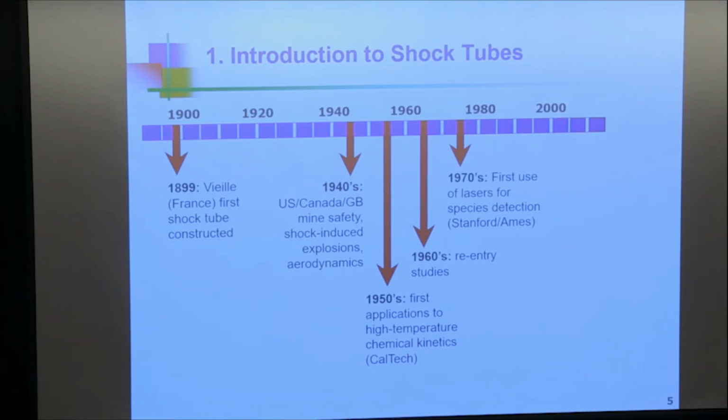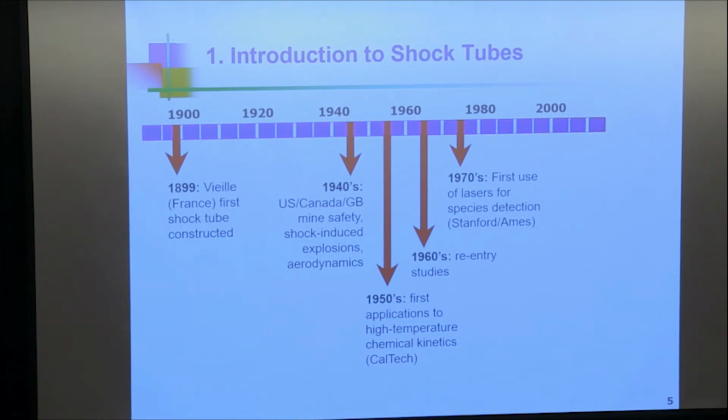But it was around 1950 that chemists started realizing, gee, we could have a step in temperature, which is a convenient way to launch a chemical reaction and study it. So you can imagine at time 0, you heat something and you watch the chemistry take place. It's easier to model. It's a simple situation that can be modeled for extracting a chemical reaction rate coefficient.